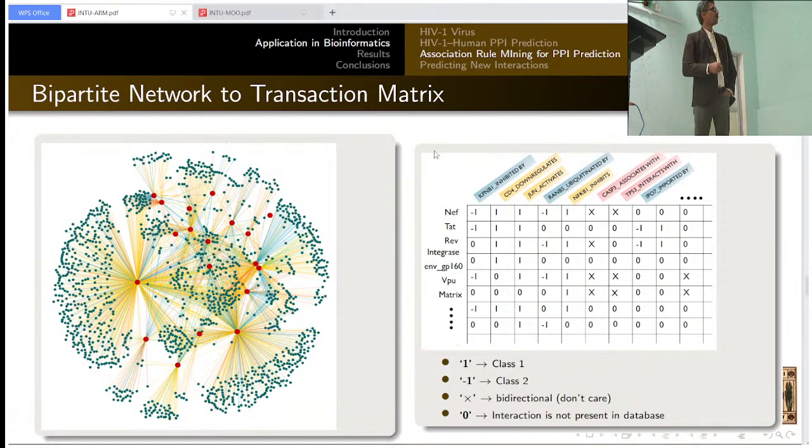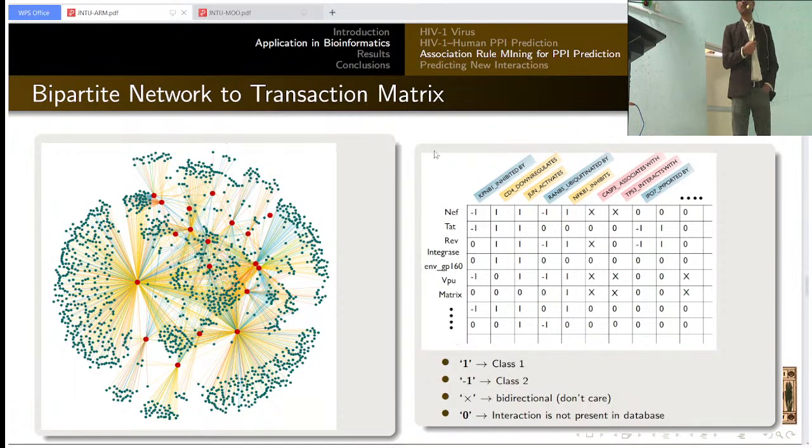In this matrix we have 4 types of values. 1 corresponds to class 1 interactions, direction from viral protein to human protein. -1 corresponds to class 2 interactions, from human proteins to viral proteins. 0 corresponds to bidirectional interactions.